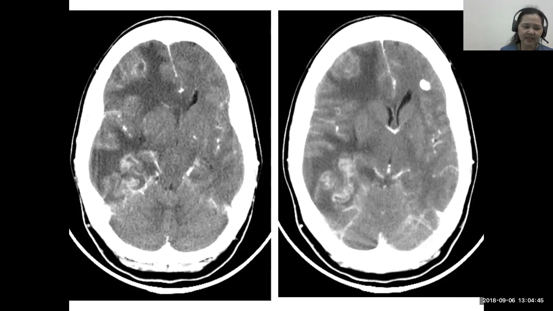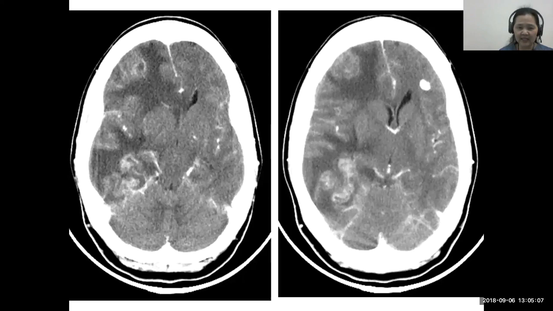You would see also na the brain is very edematous, no? Magang-maga. There's almost no sulci seen. So you could understand why, for a long time, the patient was just having some headache.